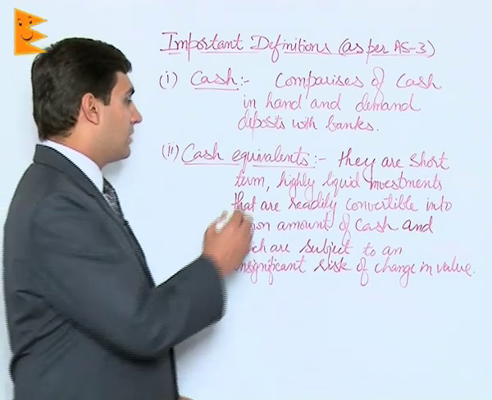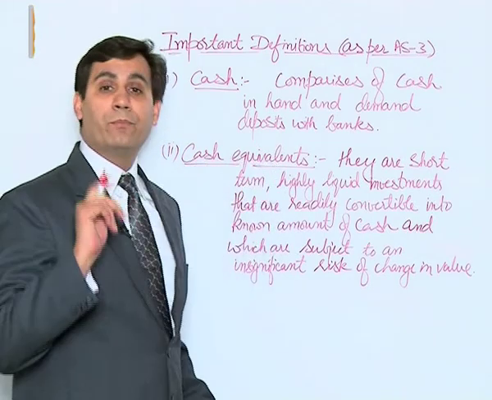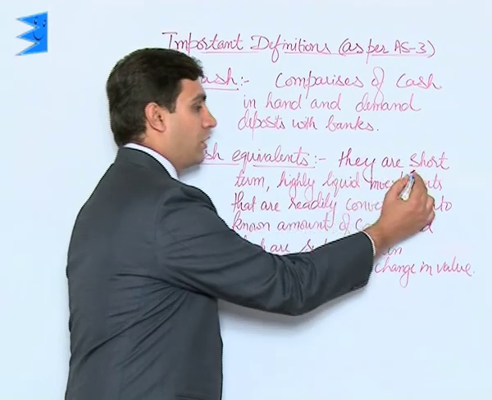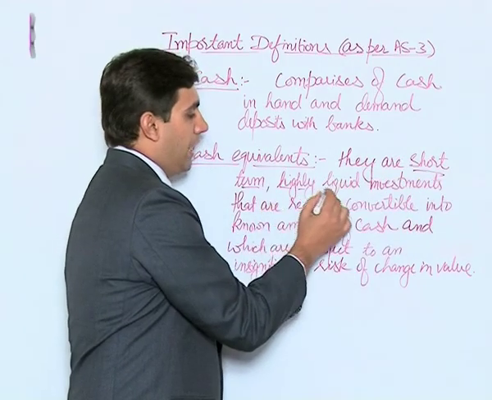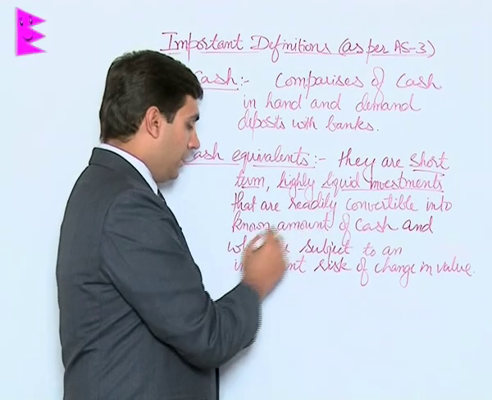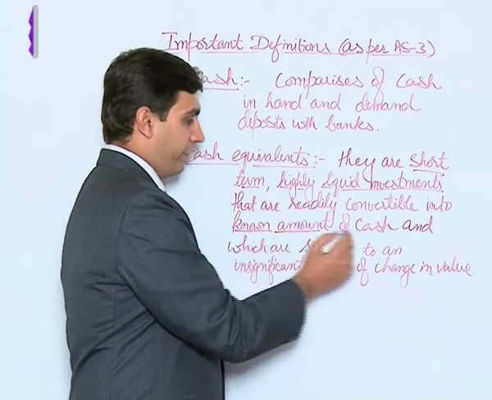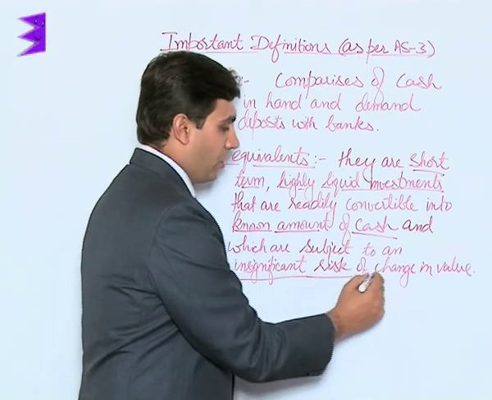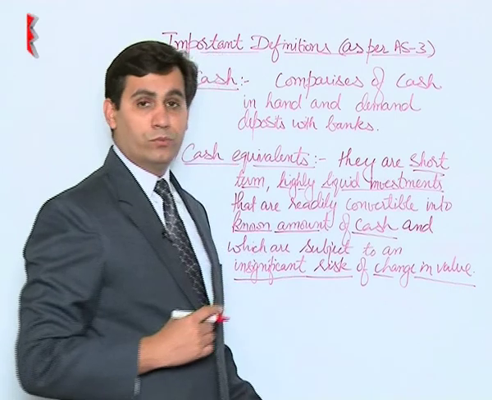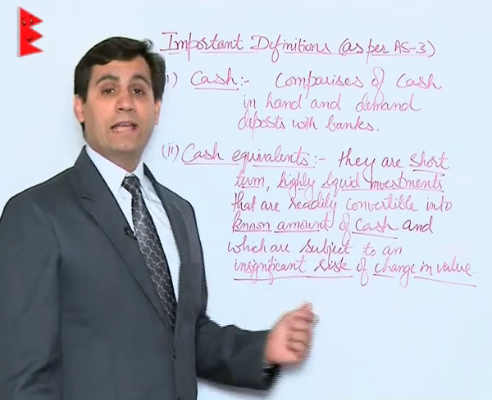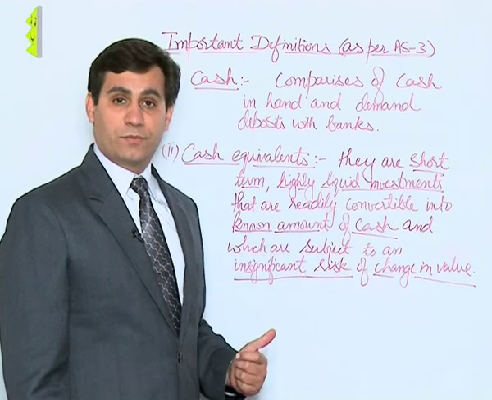Then we have cash equivalents, a very important concept. Now students, cash equivalents are short term, highly liquid investments that are readily convertible into known amount of cash and are subject to an insignificant risk of change in value. So students, this definition makes it very clear that they are highly liquid short-term investments.